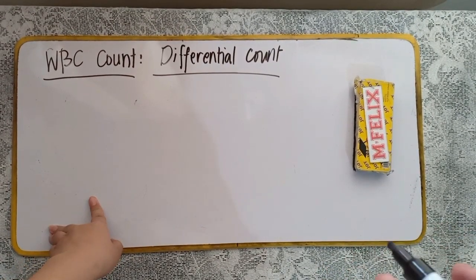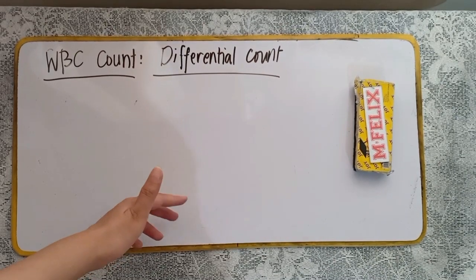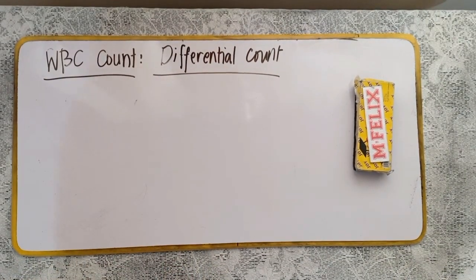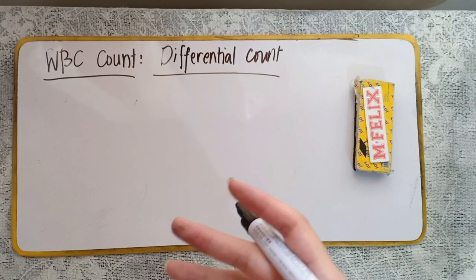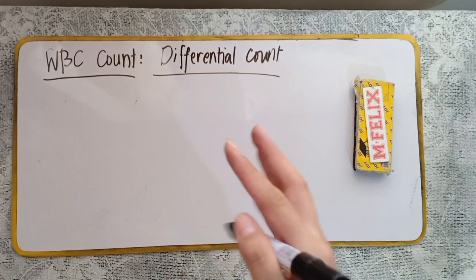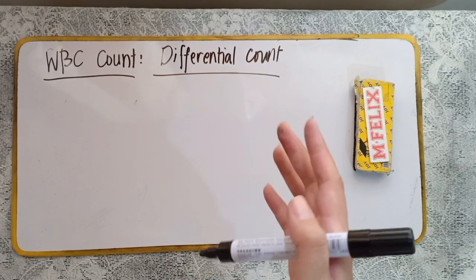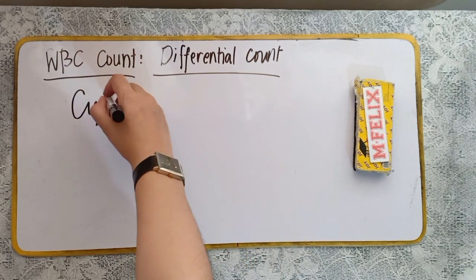Now, in differential count, class, we use this method, what we call cytocentrifuge. Okay? Cytocentrifuge method is actually a rapid method requiring minimal training and allows right staining of air-dried cytospin.